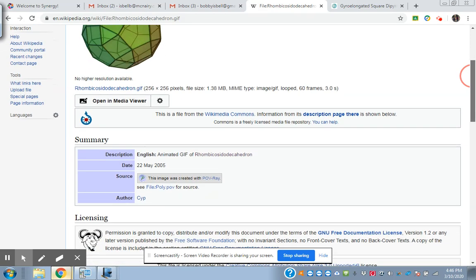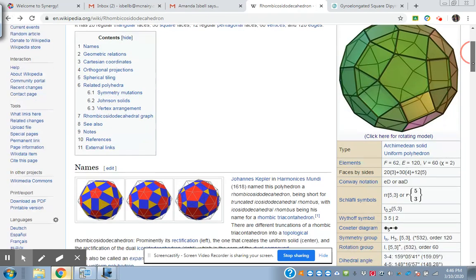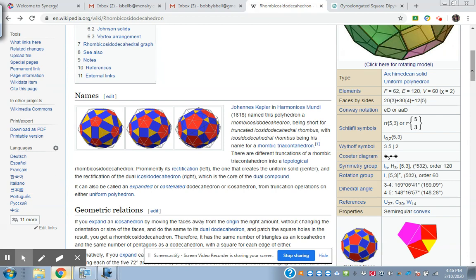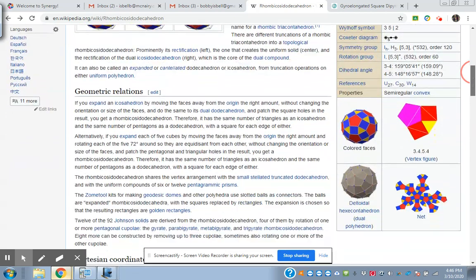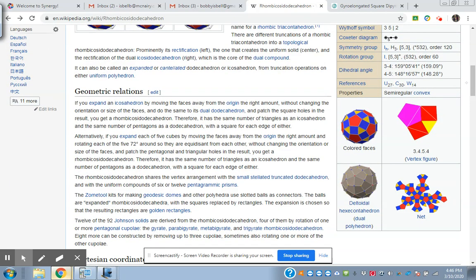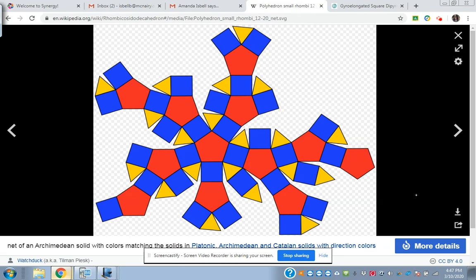How many faces are there? So go back here to our info about this particular shape. Faces. There's one where they've colored all the faces. This is the thing cut open and laid out.